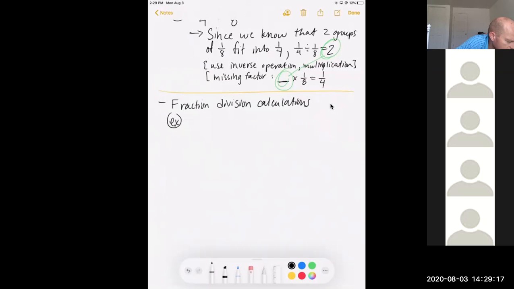Again, there's more examples in the lesson notes, but I'm going to go ahead and just take maybe a couple here. 3/5 divided by 11/10. How do I calculate the answer to this?